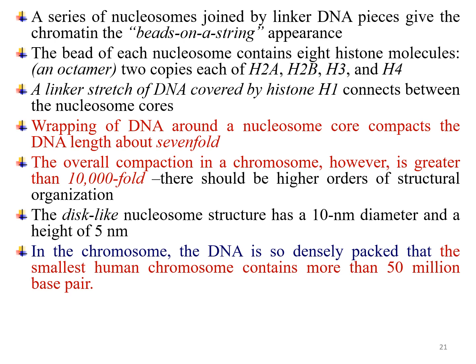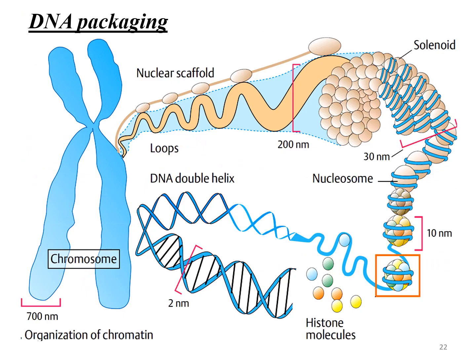So in the chromosome, the DNA is so densely packed that the smallest human chromosome contains more than 50 million base pairs. So this one is the principle how the DNA can be packaged by using what? A nucleosome, and supported by different histone proteins.